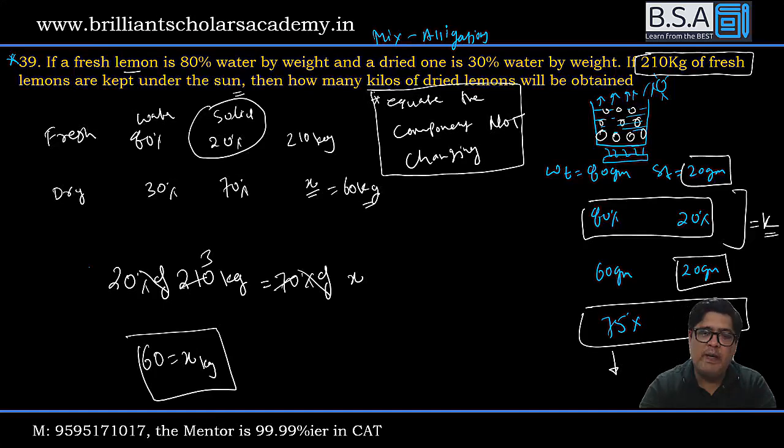Another question could be, what is the amount of water that evaporated? So 210 kilograms you keep under sun, 60 kilograms are left. So how much evaporation? 150 kilograms of evaporation is there. Write these things down, and confirm you are able to understand this.